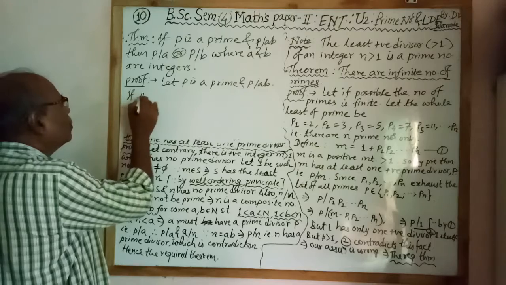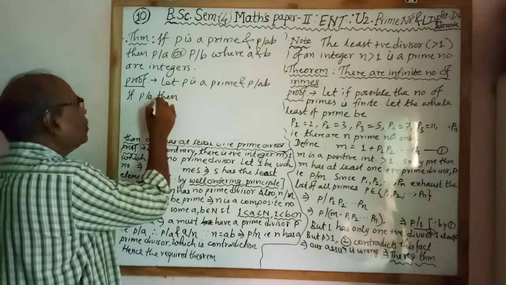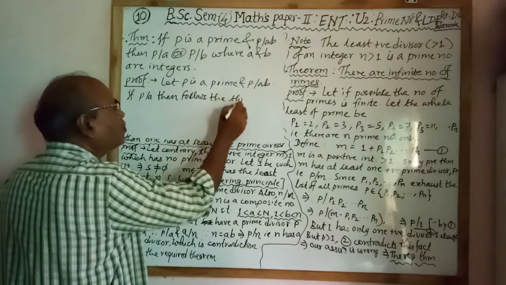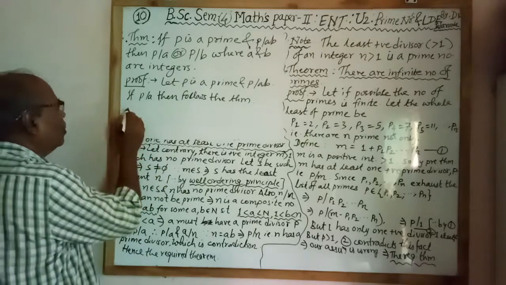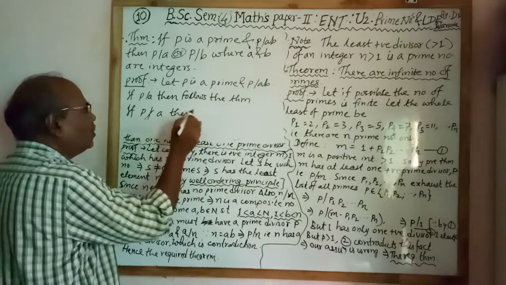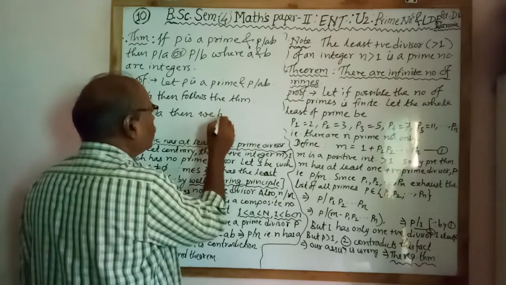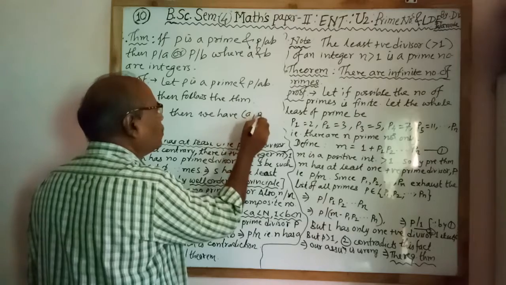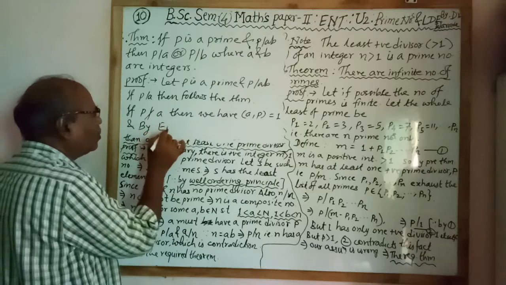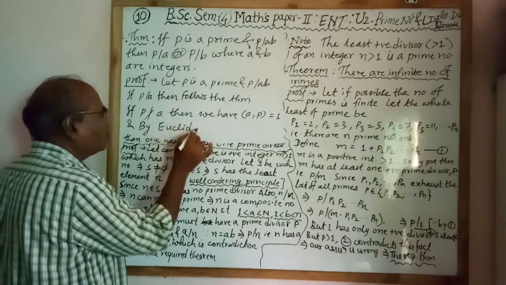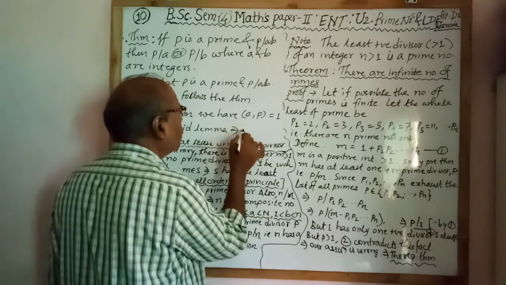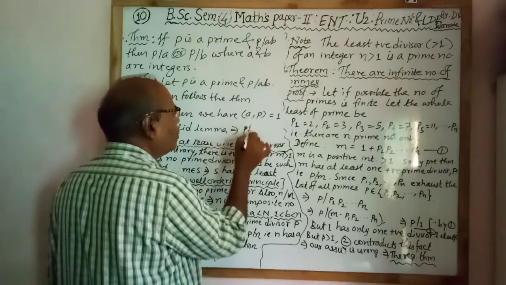Now if p divides a, then the theorem follows. Now if p does not divide a, then we have GCD of a and p equal to 1, and by Euclid's lemma we have p divides b.